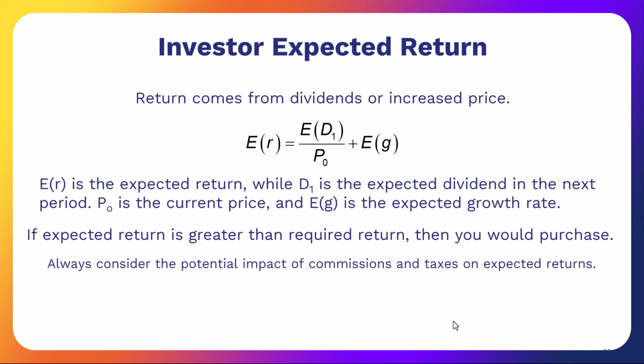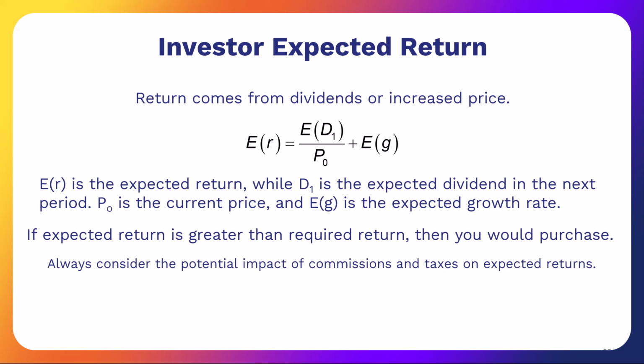So where do the returns come from when you buy a stock? Only two things. There is the dividend yield, so you get a return when you receive your dividends, of course. And then there are price changes. So the overall expected return of a stock is a combination of what we think the return will be from dividends and what we think the increase in stock price will be.